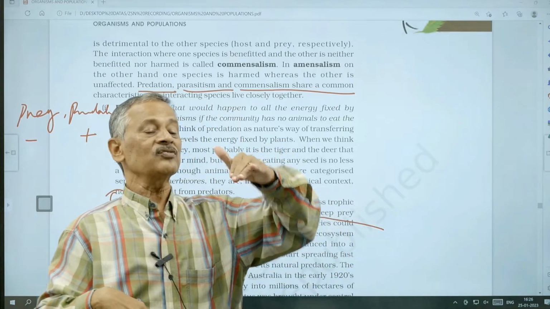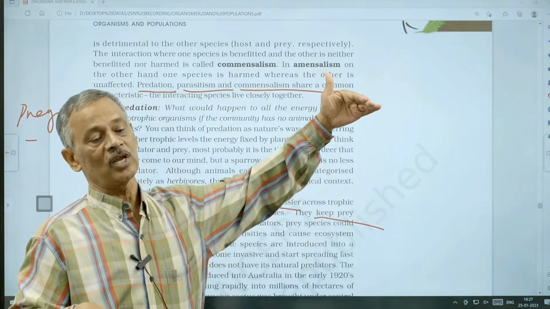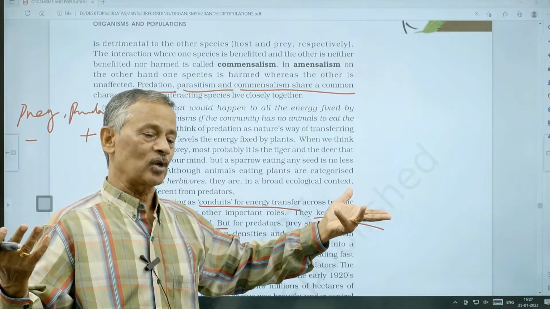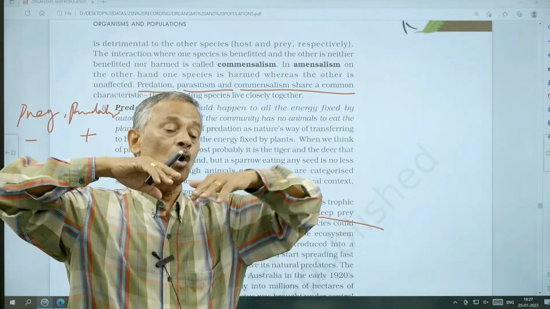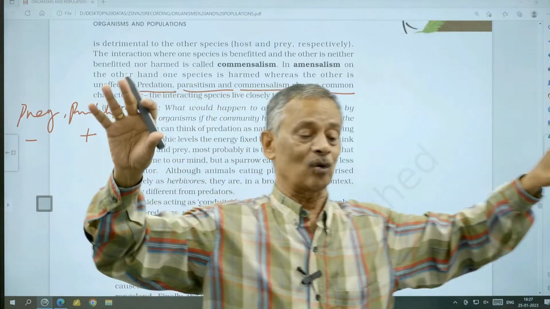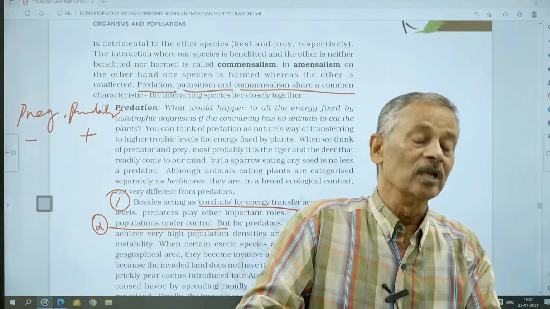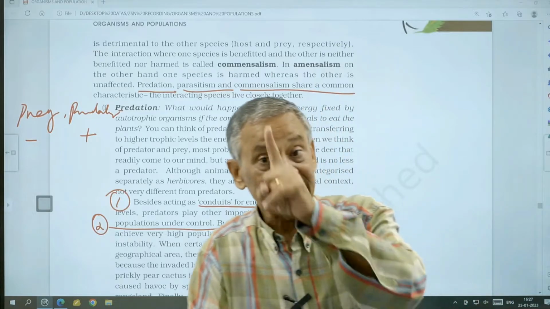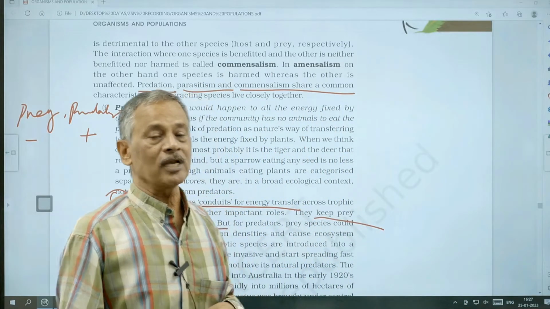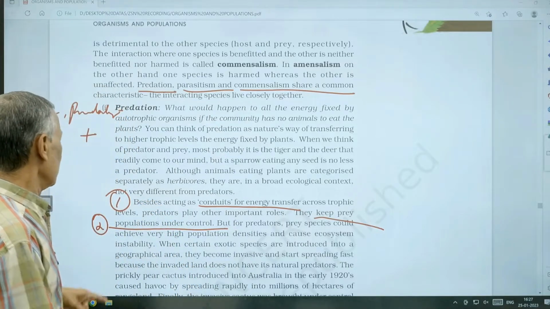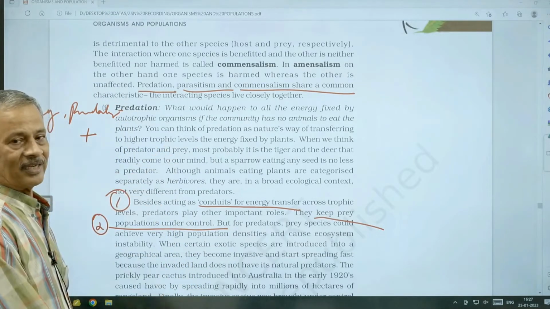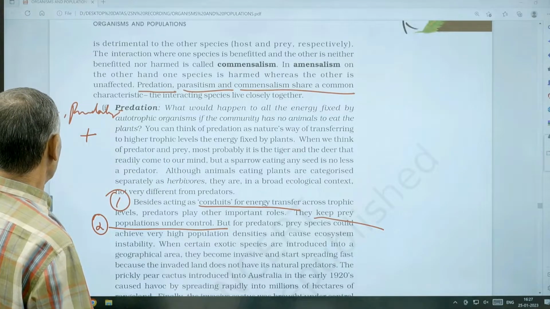When this was imported into Australian soil, there was no natural enemy. So in the absence of a natural enemy, they began to grow without any control. That's why they soon became invasive. So we learned a great lesson of biological control of population, that is a pest control mechanism, from this great event. Okay, so that is number 2.